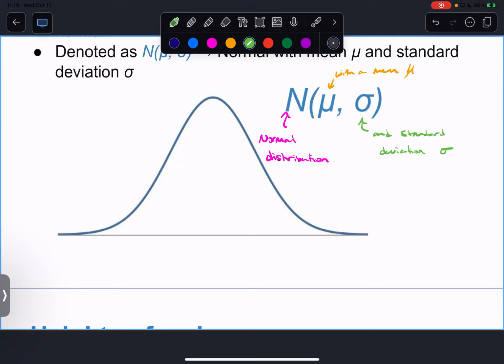We only touched on these Greek letters just ever so briefly. We've seen them, they've kind of been lingering, but now they're here to stay. And so one thing to remember is for the Greek letters, they always describe the population. And so Greek letters are parameters, which means they describe the population.